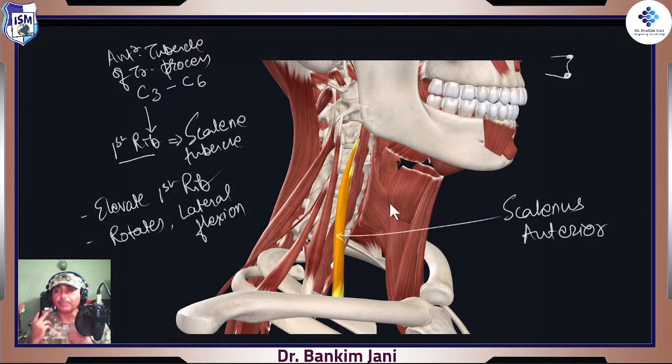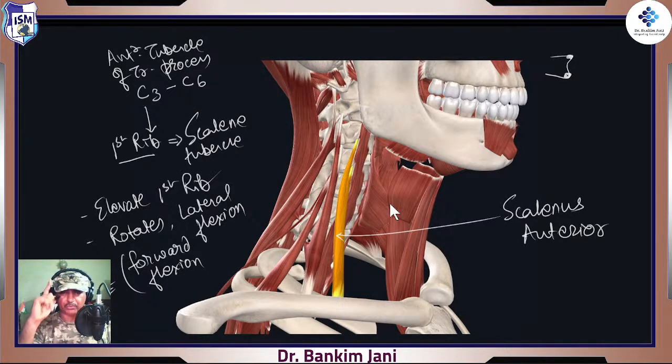And when both of them contract, it will lead to forward flexion. So when we say forward flexion, both are contracting, bilateral contraction. When it is lateral flexion, only one muscle is contracting, that is unilateral contraction. And when this contraction is phase wise, it leads to rotation. So these are the functions of scalenus anterior.